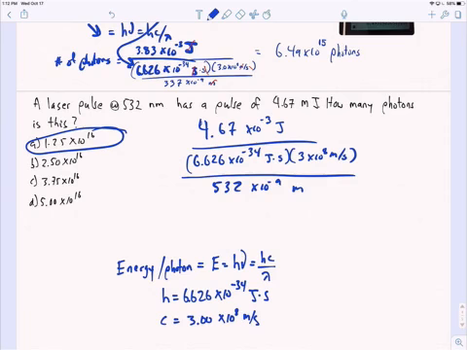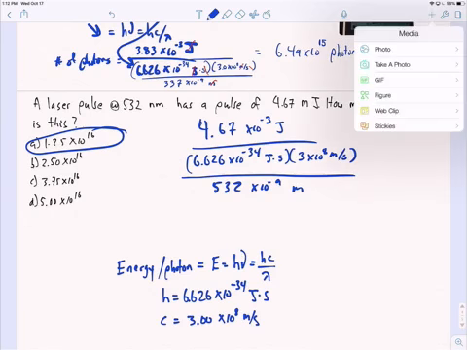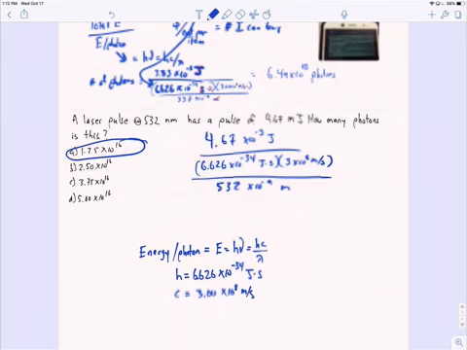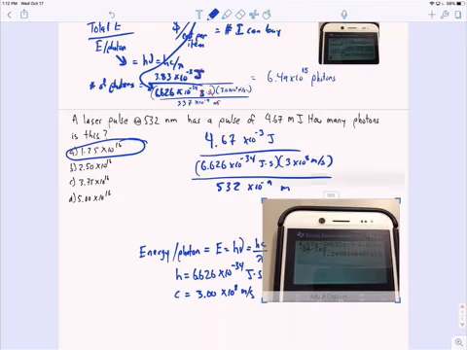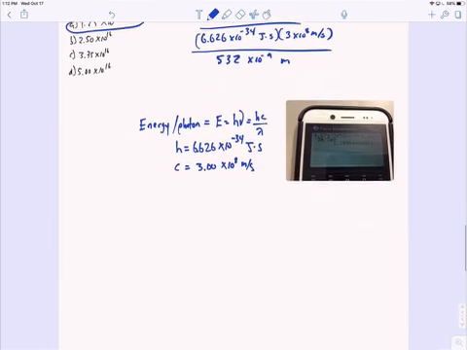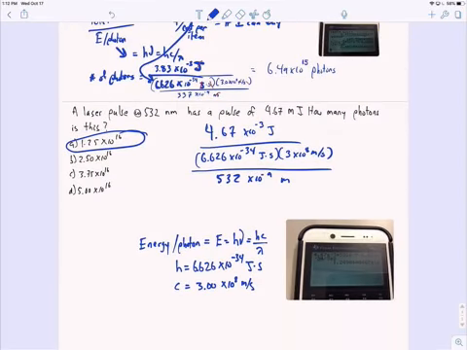Some of you, the ones that aren't playing, let me go around and make sure that you're putting the right numbers in the calculator. Let me see what you're putting in your calculators. So who didn't get A?